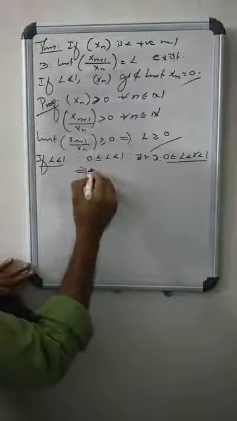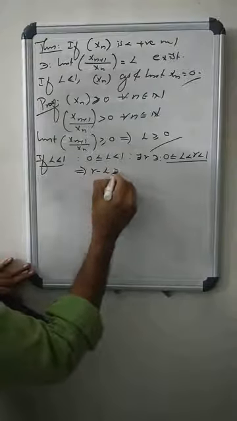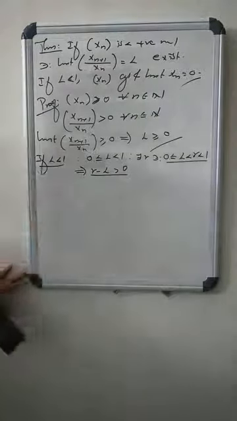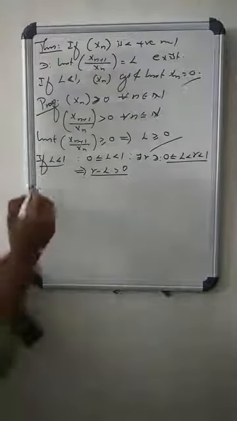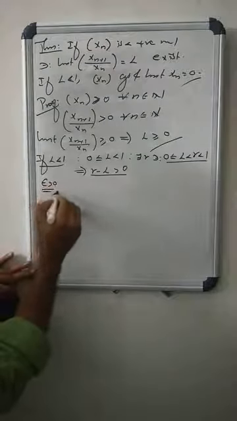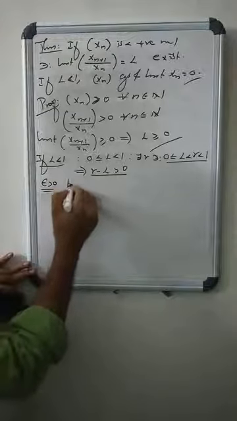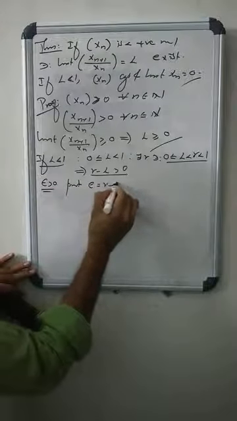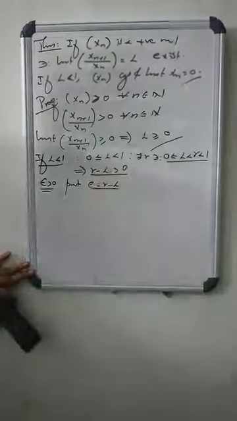L less than R means R minus L is strictly greater than 0, and epsilon is positive. So put epsilon equals R minus L, since R minus L is positive.